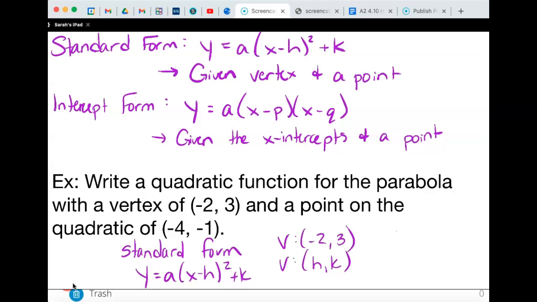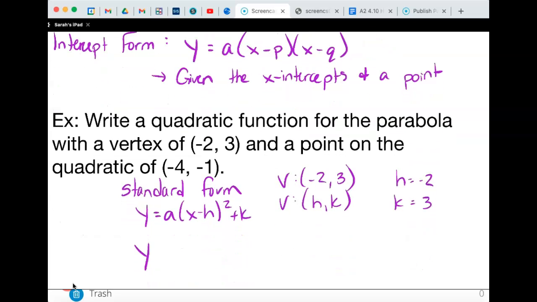So now we know h is negative 2, the k value is 3. So I can write that in. I have y equals a times x minus negative 2, which is plus 2, and then plus 3. Right, so we just substitute the vertex into standard form.